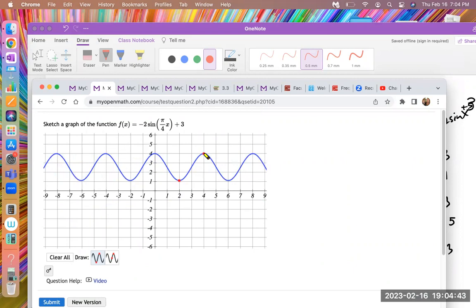It had to be 8, right? Okay, I think that's what we want.